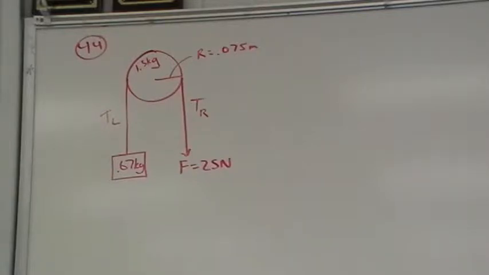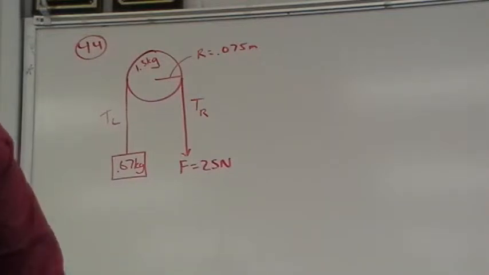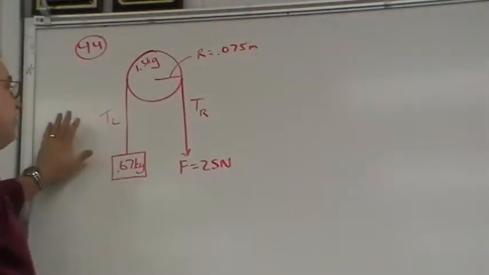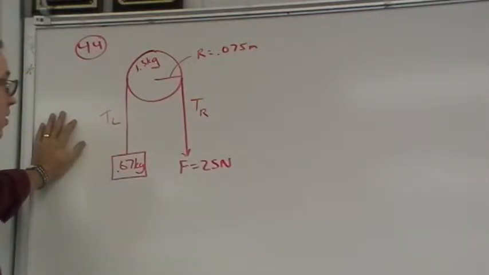If the pulley had negligible mass, the tensions would be equal. So now we know this one is going to be greater, and now they want us to find the tension.